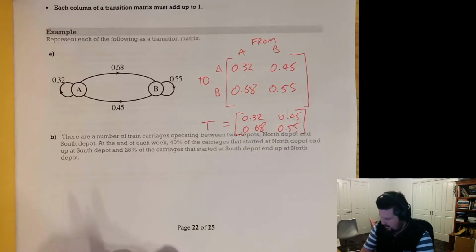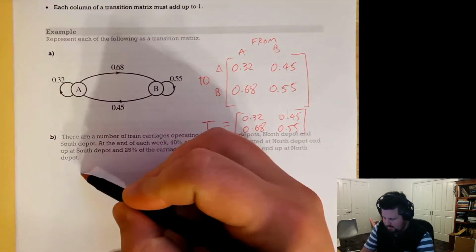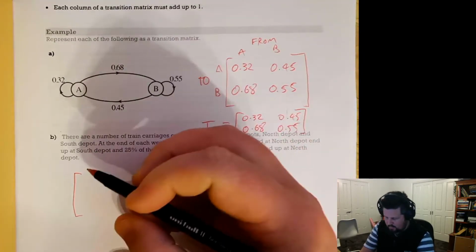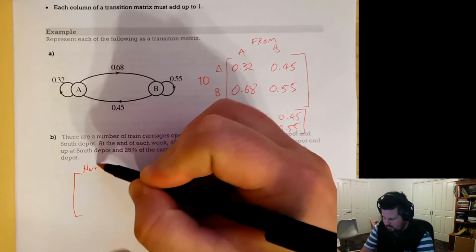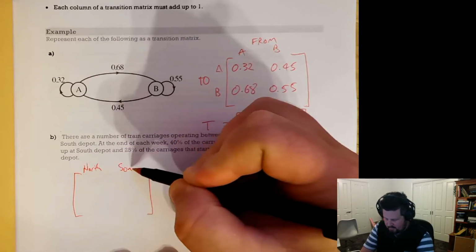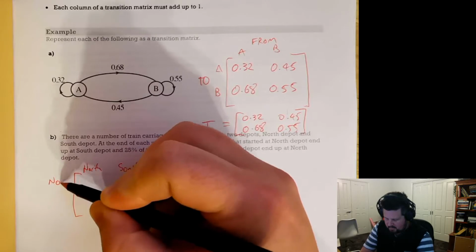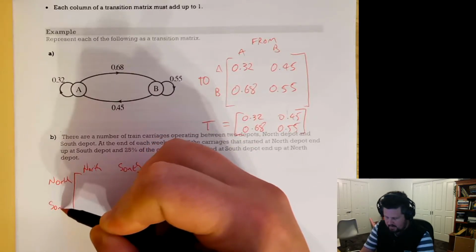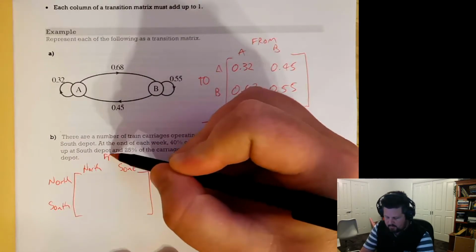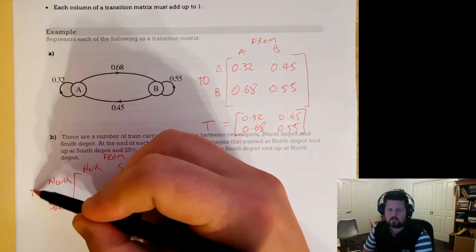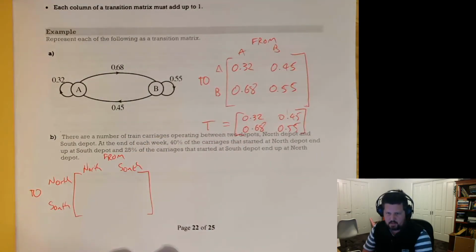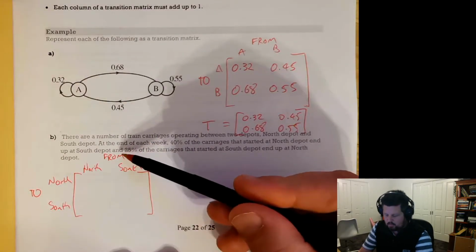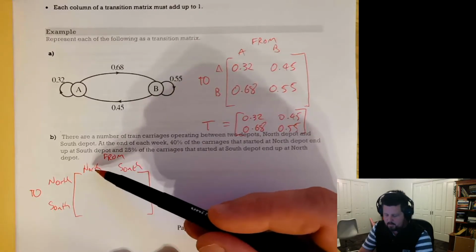So we've got a little bit of information, so we can put it in here. Again, you've got North Depot and you've got South Depot. Along the top, it's where they're coming from, and along the side, it's where they're going to. It says at the end of each week, 40% of the carriages that started, so they're coming from North Depot, ended up at South Depot.